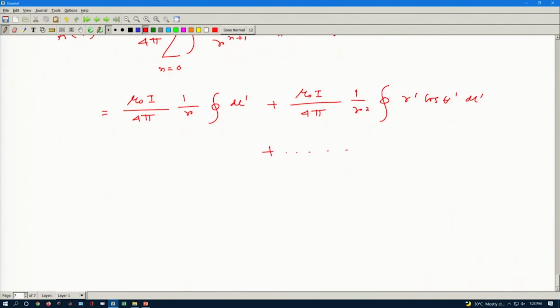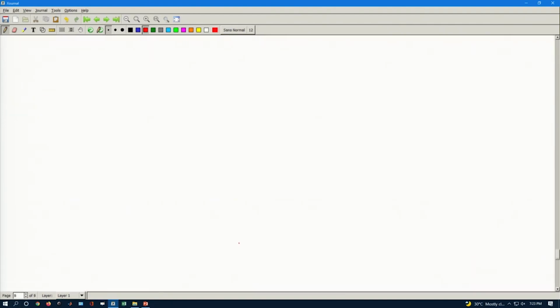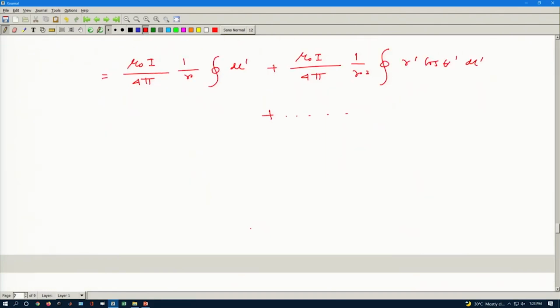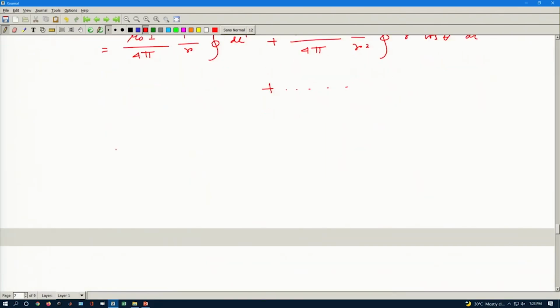Now, I can write this term in this way. I can write the first term as a monopole plus a dipole plus so on.